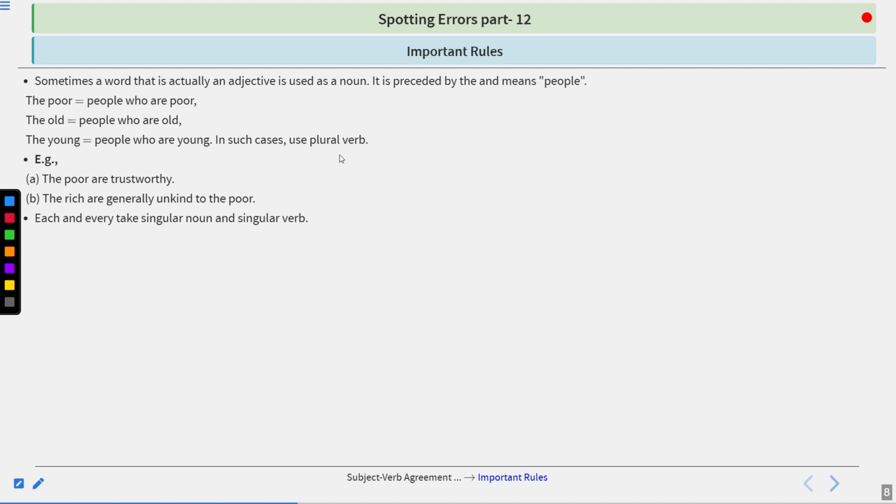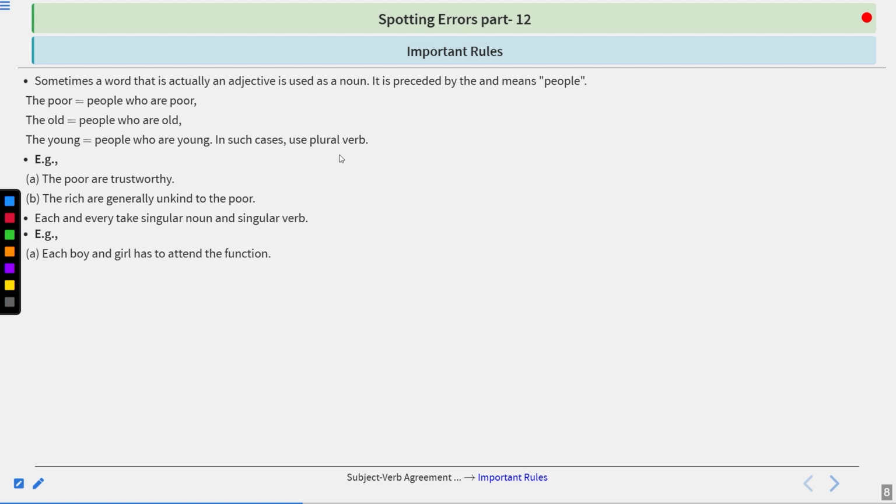Each and every take singular noun and singular verb. So when you find each and every, it takes singular verb. Each boy and girl has to attend the function. Whether each is used as a pronoun or as an adjective or a determiner, you have to use singular verb with it.